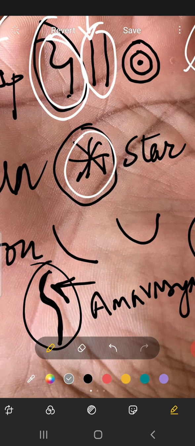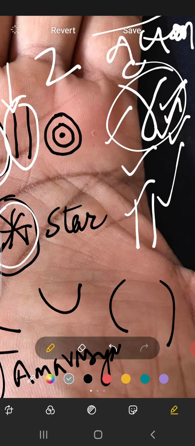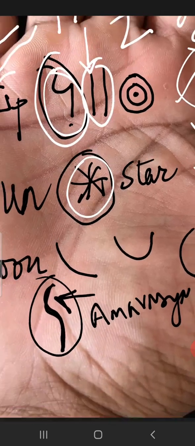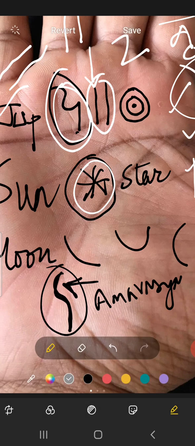So you have to learn these things. It's a deep science which you have to research, observe, interpret, and then come up with predictions. I'm just giving you an overview of three grahas: Jupiter, that is Guru, Surya and Chandra. I've given you basic signs of these. In the next video, we'll go through more signs. Thank you.